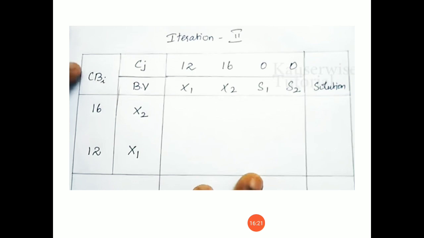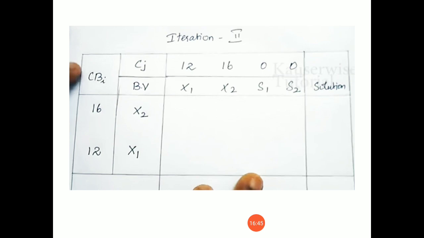Here I again want to bring to your notice that when we are making iteration tables and filling the elements in the rows, then for the already existing basic variable, we use the formula: new value is equal to old value minus corresponding key column value into corresponding key row value divided by key element.